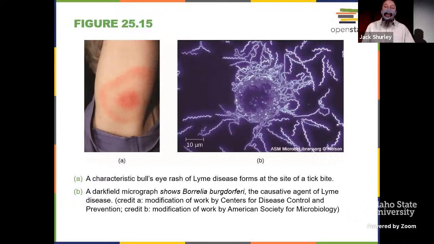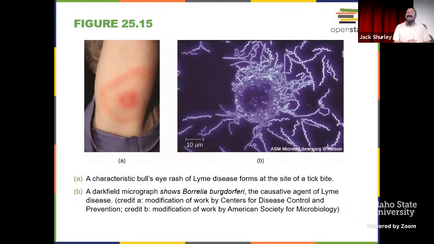So if you go out into an area where ticks are known to be, especially where this is endemic, you want to be cautious. You want to wear long sleeves and pants. You want to check for ticks after you've been out and properly remove them. We've got a figure that shows that here in just a second.